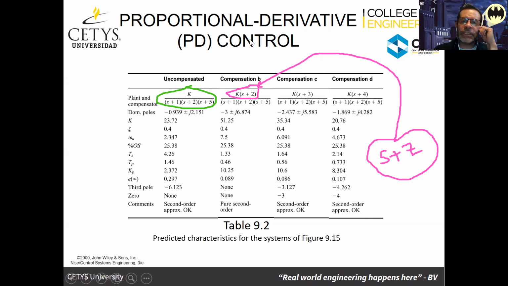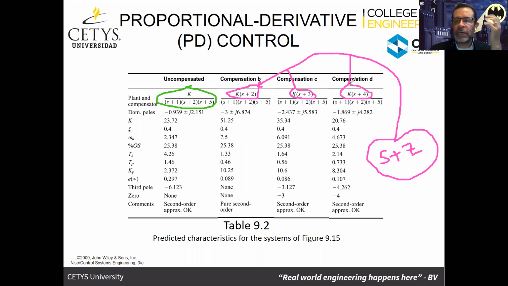And what do we notice here for each of these 3 configurations? Again, I'm just adding a 0 here and seeing how it behaves. Well, I'm looking at the dominant poles. I'm looking at the values of K for a certain behavior.